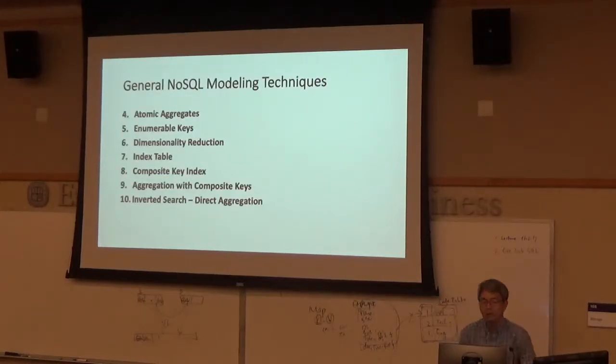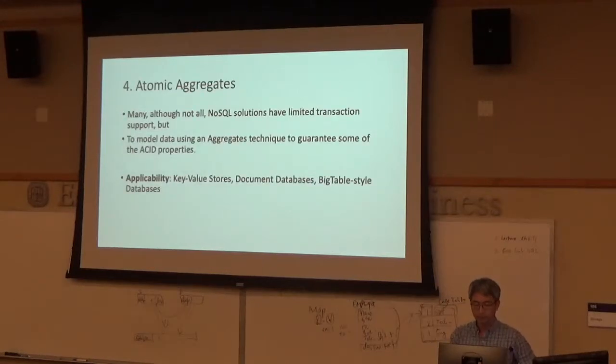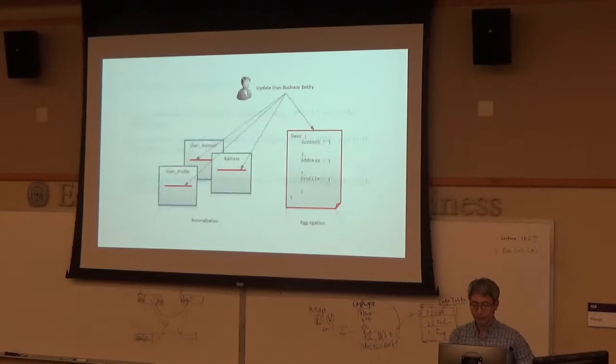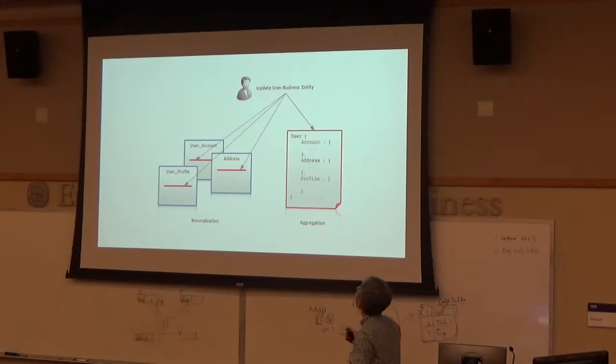So the NoSQL modeling techniques include this one. I'm going to explain them one by one. So for example, in case of the entity, we have the user account, address, and the user profile. Okay, so this is the normalization process.